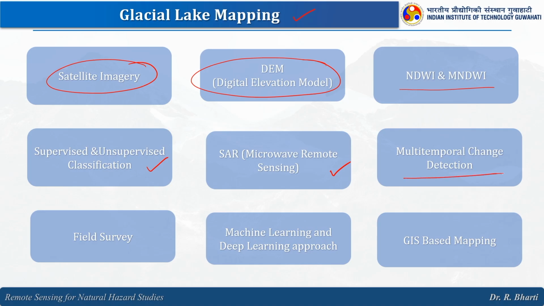Then multi-temporal change detection can be used to identify or monitor these glacial lakes. Field investigation is the key to validating all these results. Then machine learning and deep learning approaches are now very popular and can be used. And the GIS, where we can integrate all the datasets together and analyze the glacial lakes' presence or their increase in size.